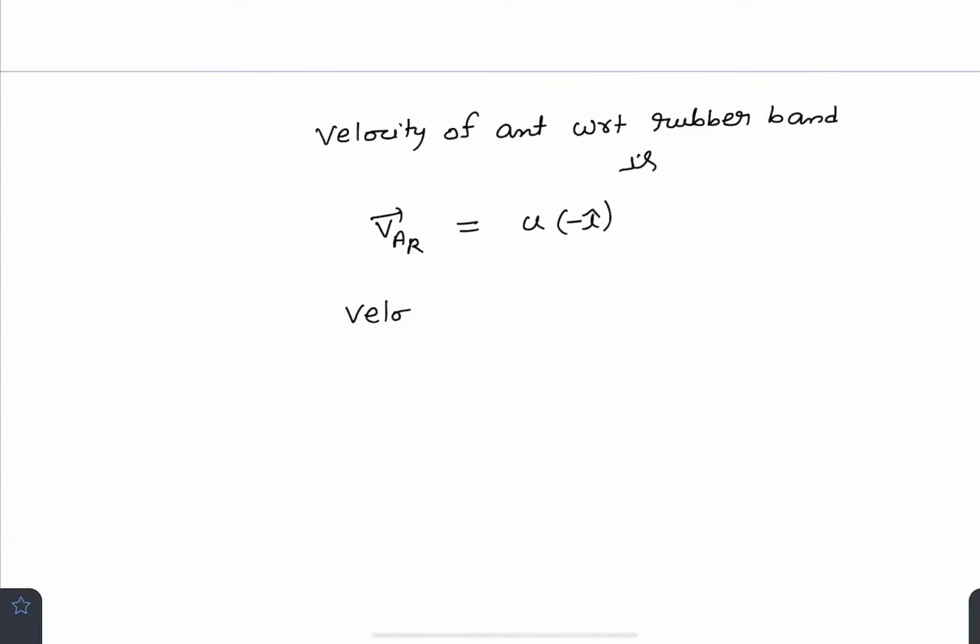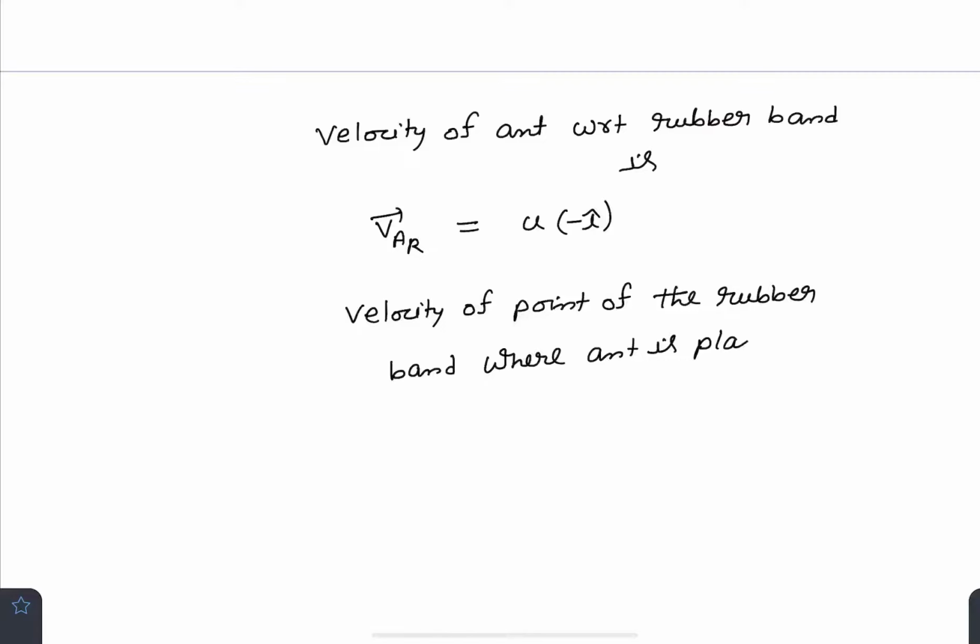Velocity of the point of the rubber band where the ant is placed at time t.